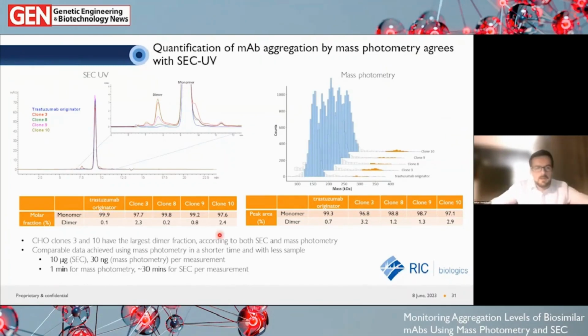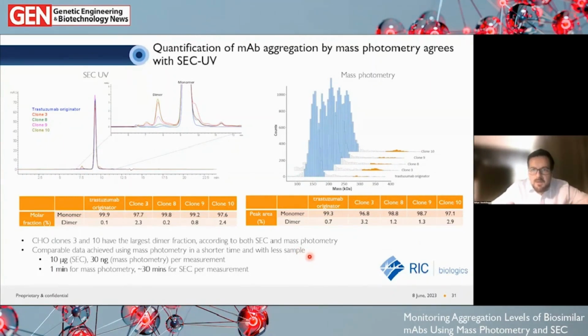So as you can see, with regards to clones 3 and 10, those have the largest abundance of dimer, and that is also matched by what the group reported for the same clones with mass photometry as well. So there is nice agreement there.